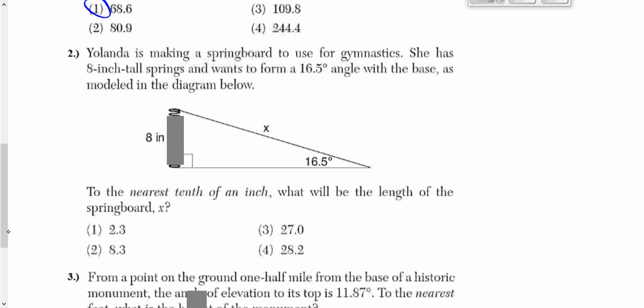Yolanda, springboard. Nearest 10th. Sure. Ashlyn, which trig function are we going to use? Wait, what? Ashlyn. Oh, I was confused.